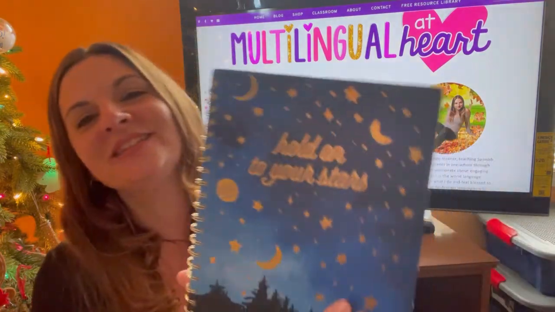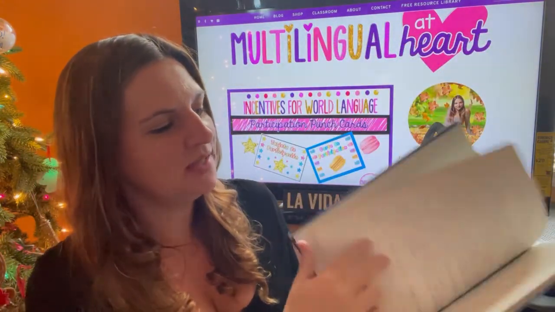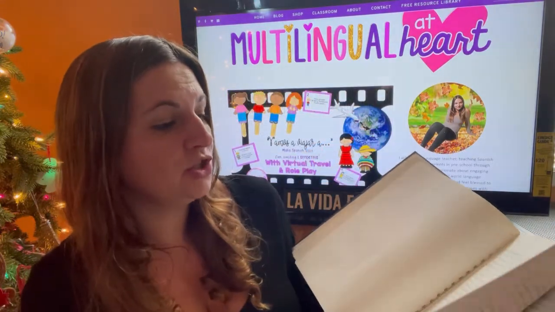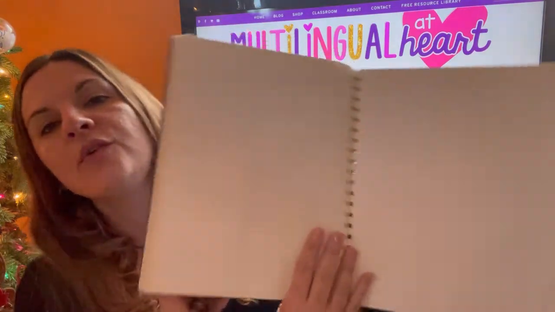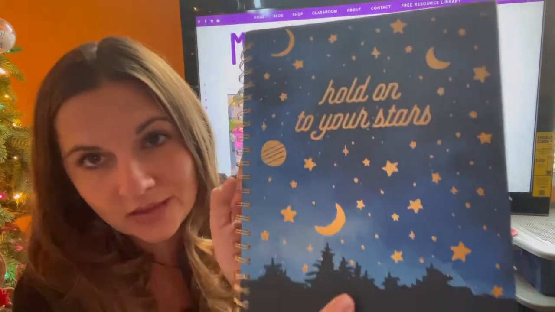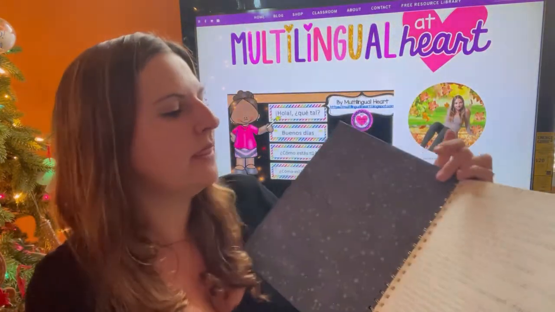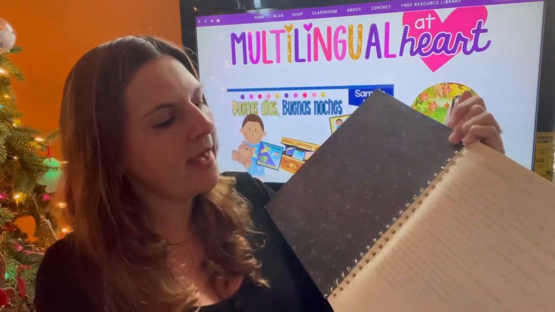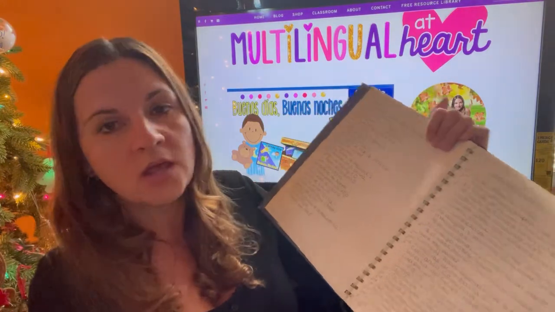One other thing that I wanted to show you, and this one says, hold on to your stars. This is just like a journal. It's just a blank notebook that I use for a few different things. I think it's always good to have a blank notebook, and I just love having the ones that have these meaningful quotes on them. But I have sometimes ideas that I jot down.